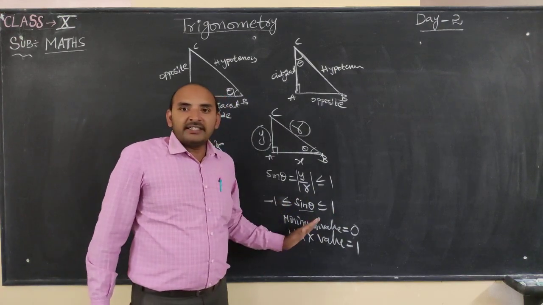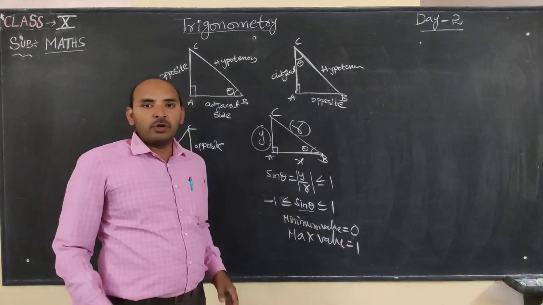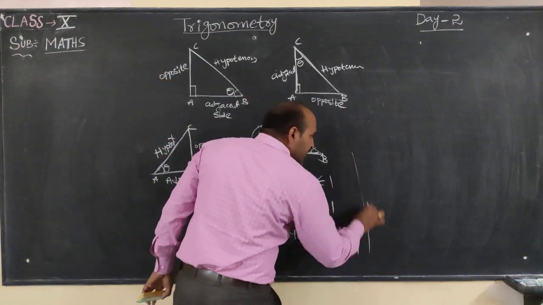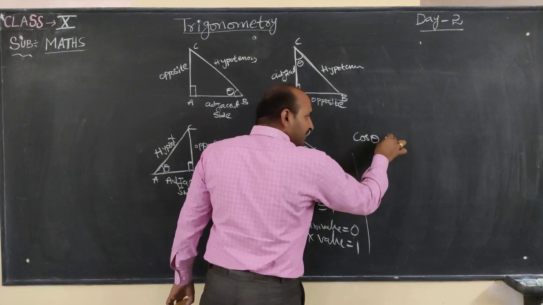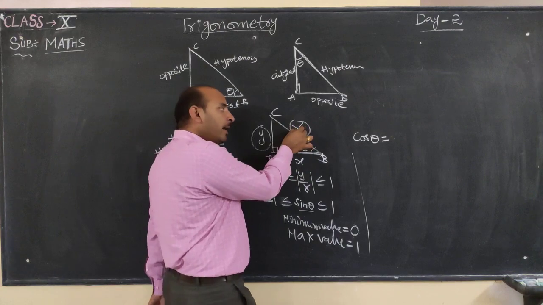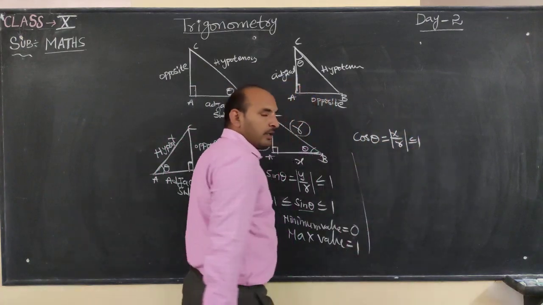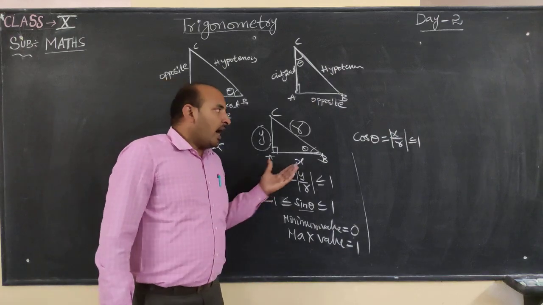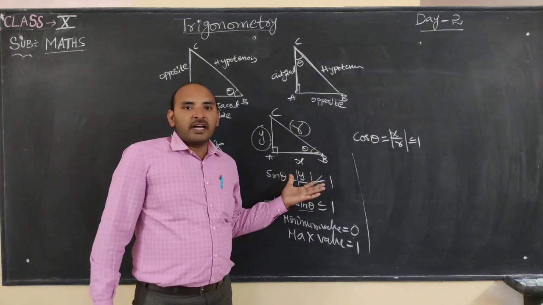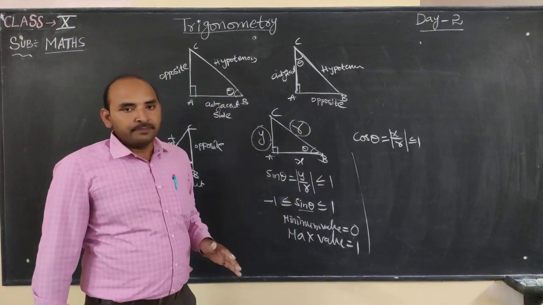According to 10th standard, the minimum value is 0 and the maximum value is 1. The same thing for cos theta. Cos theta is equal to adjacent side by hypotenuse, x by r. This is also less than or equal to 1. Both trigonometric ratios, sin theta and cos theta, are either equal to 1 or less than 1.